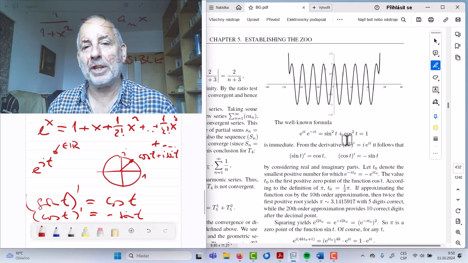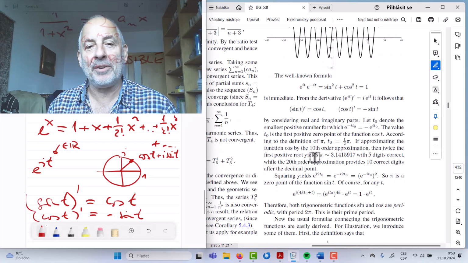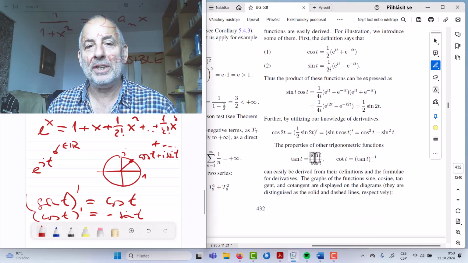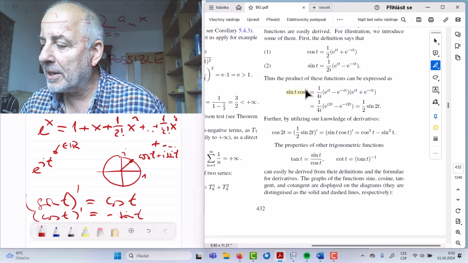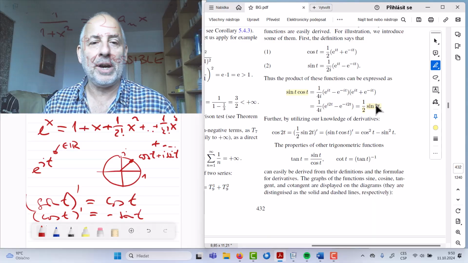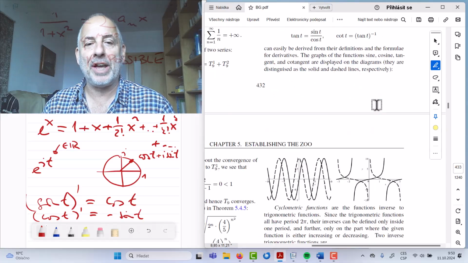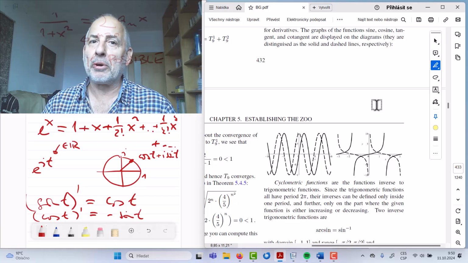We see immediately that sine squared plus cosine squared is 1, and all the things are computed quite easily and in a straightforward way, like this kind of formula, and so on, right? So the tangent, cotangent, everything is computed in terms of power series.